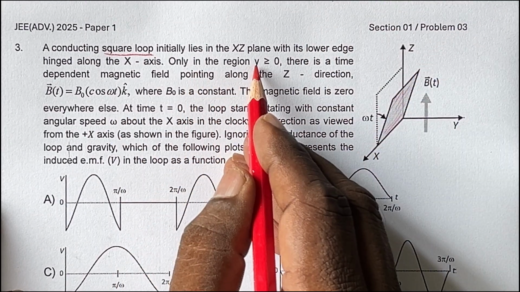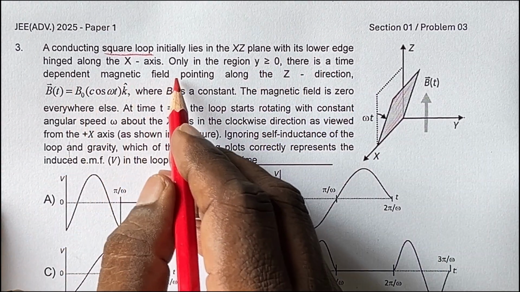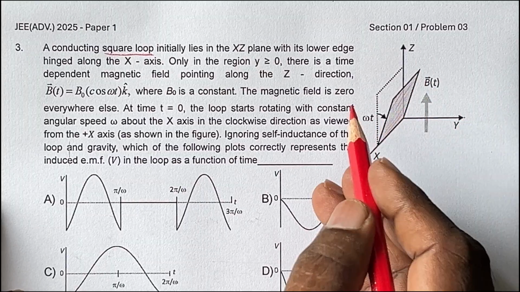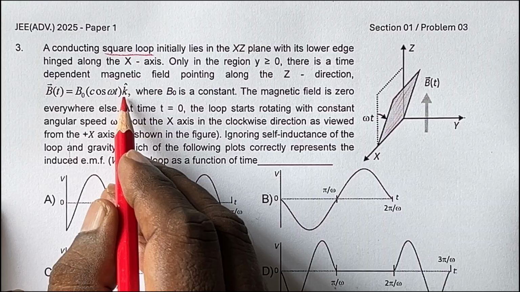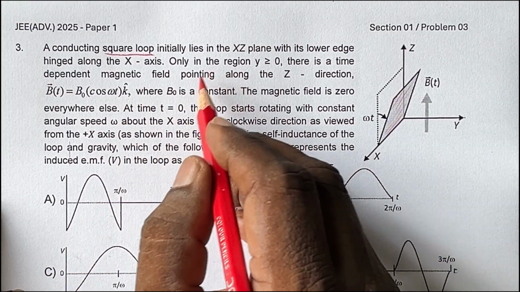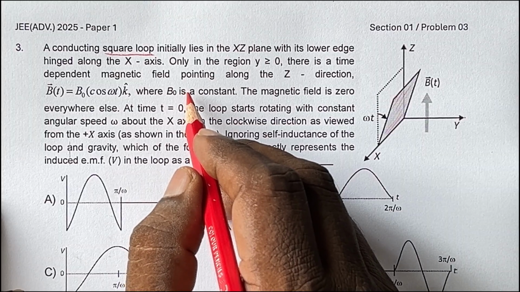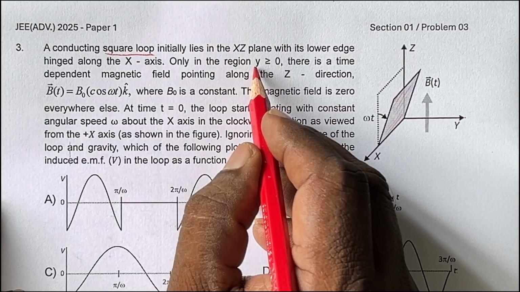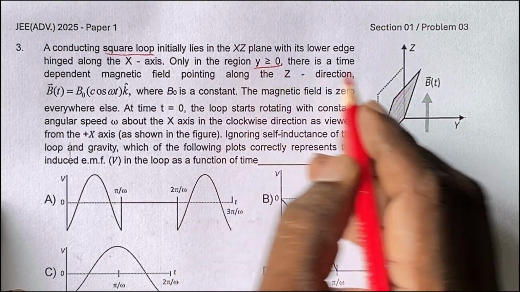Only in the region y greater than or equal to 0, there is a time-dependent magnetic field pointing along the z-axis direction. B is equal to B naught cos omega t k cap, where B naught is a constant. The time-varying magnetic field is only along the z-axis and it is confined to y greater than or equal to 0.